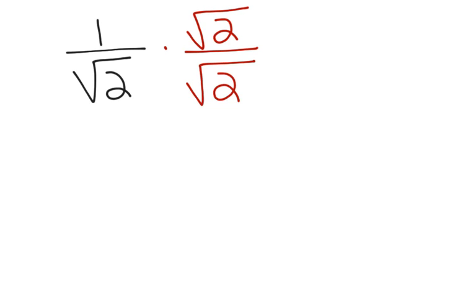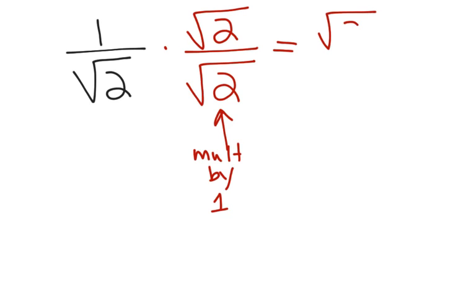of the denominator. But when you multiply one part of a fraction by something, you have to multiply the whole entire fraction by something. Because really what you're doing is you're multiplying by 1. Remember that anything divided by itself is 1. And what happens when you multiply anything in the world by 1? Nothing. Now, the fraction may look different, but its numerical decimal value would be exactly the same.